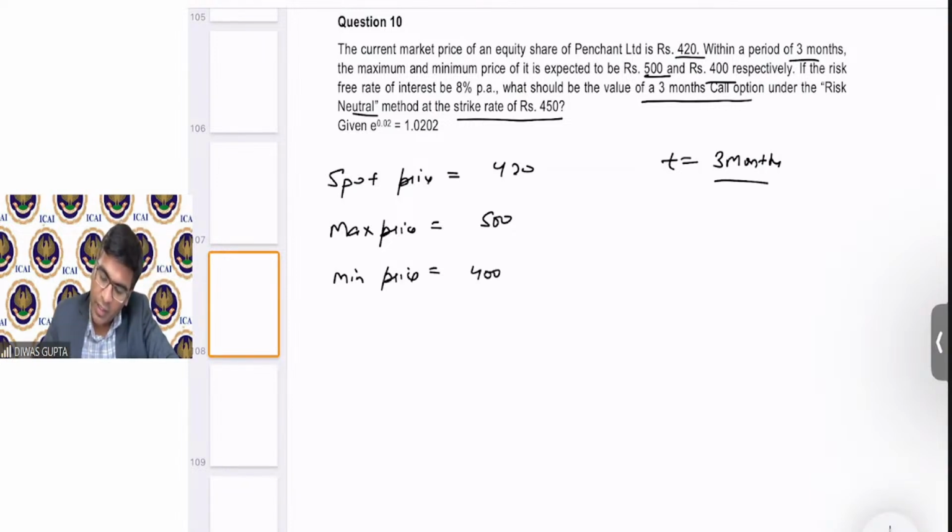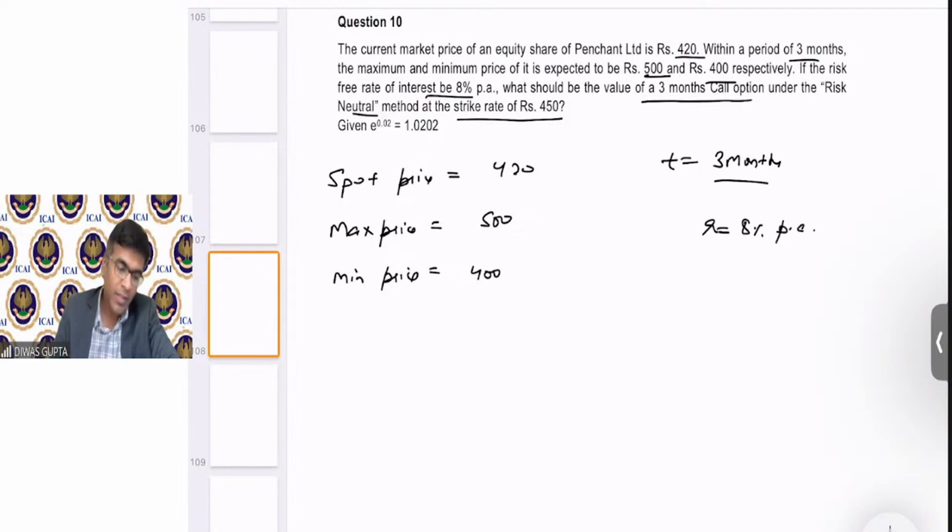If the risk-free rate of interest is 8% per annum, what should be the 3 months call option value? So R is actually 8% per annum.